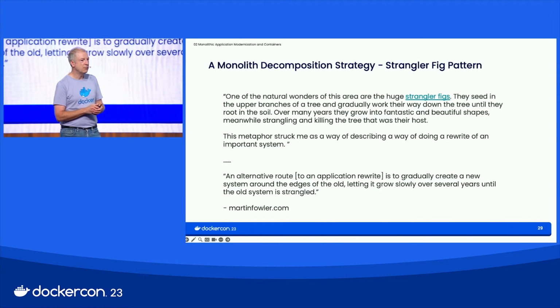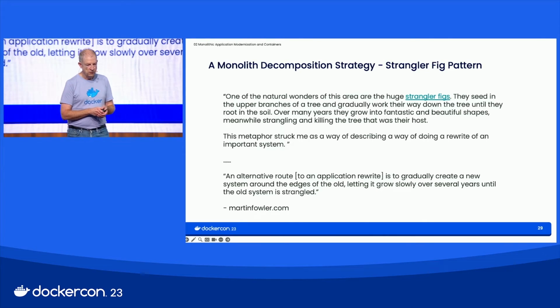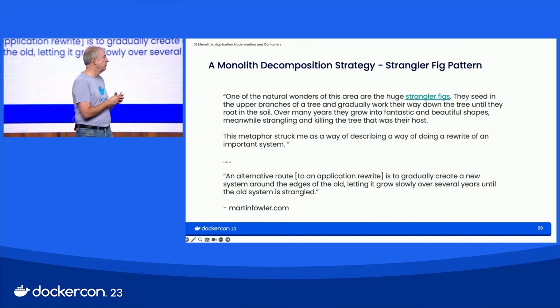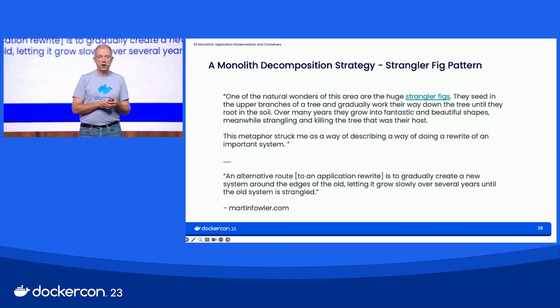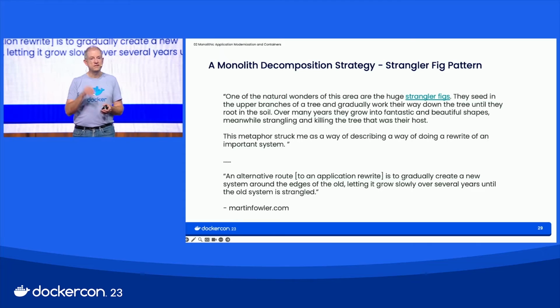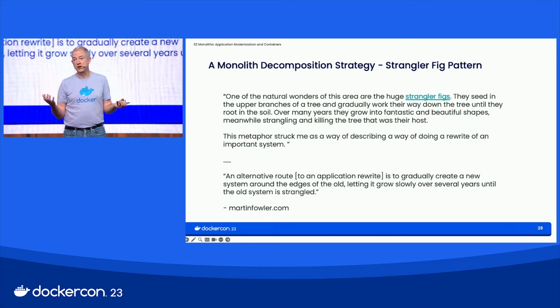Because of the name, I need to give some background on where it came from and why. This is from Martin Fowler's website. You can go there and see this information. He was on vacation, and he saw strangler figs. Strangler figs are figs that actually seed in the branches of trees. They grow down their roots to the ground, and they surround the tree that they actually started from, and they choke the tree to death.